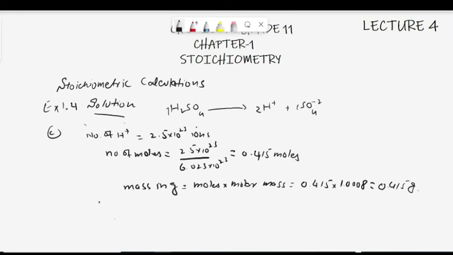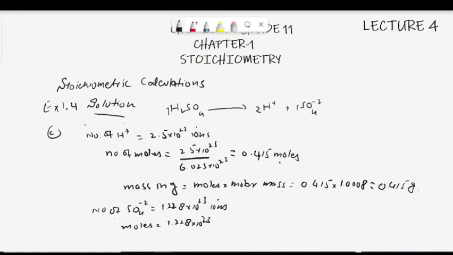If you want to calculate the mass of the sulfate ions, so the number of sulfate ions is equal to how much? Yes, that is 1.228 into 10 raised to power 23 ions. If you want to convert the number of sulfate ions into moles, you have to divide the number of ions by Avogadro's number.